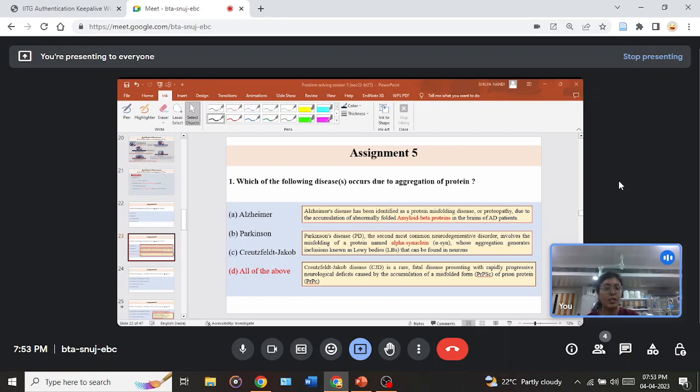So in the case of Creutzfeldt-Jakob disease, it is the accumulation of the misfolded form, that is the scrapie form of prion proteins. In the case of Parkinson's disease, we have the misfolded protein named alpha synuclein, and in the case of Alzheimer's, we have the abnormally folded amyloid beta proteins.